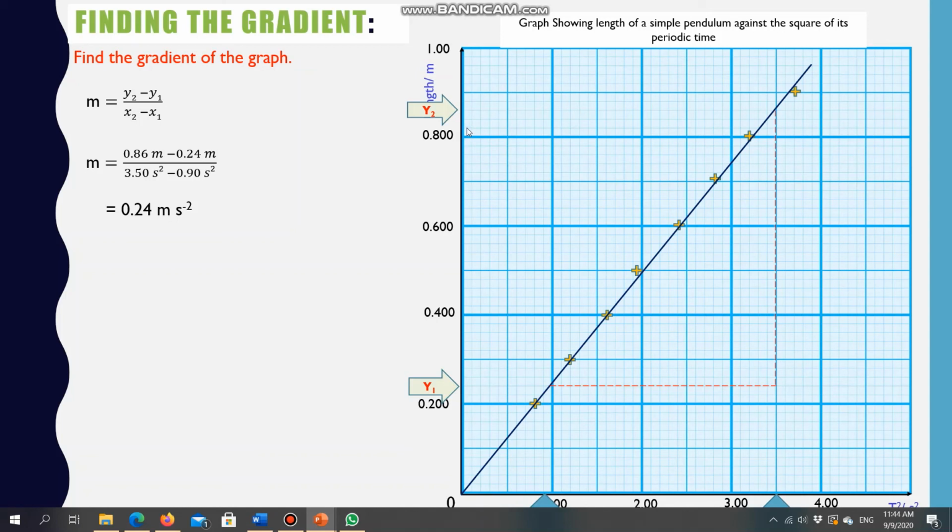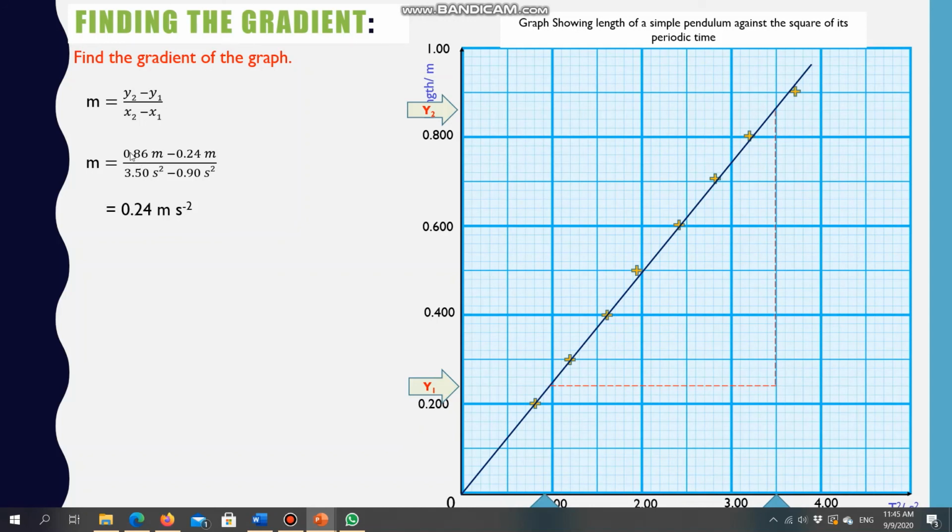We have 0.82, 0.84, 0.86 right here. And then here we have 0.2, 0.22, 0.24 right here. So that's y2 and y1. x2 would be here, that's 3.5, and x1 would be, this is 0.5, so you have 0.6, 0.7, 0.8, 0.9.